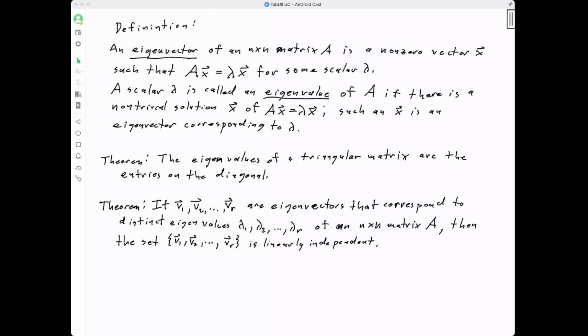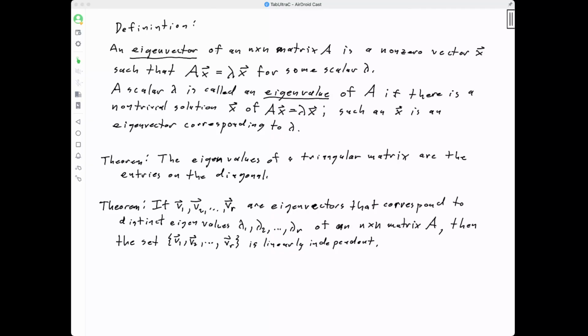So we're going to stop here. I'm not going to work through a lot of specific examples of finding these eigenvectors and eigenvalues, but today is just a quick introduction to the idea. The basic idea is sometimes matrix multiplication for a specific matrix and some specific vectors is the same thing as scalar multiplication.